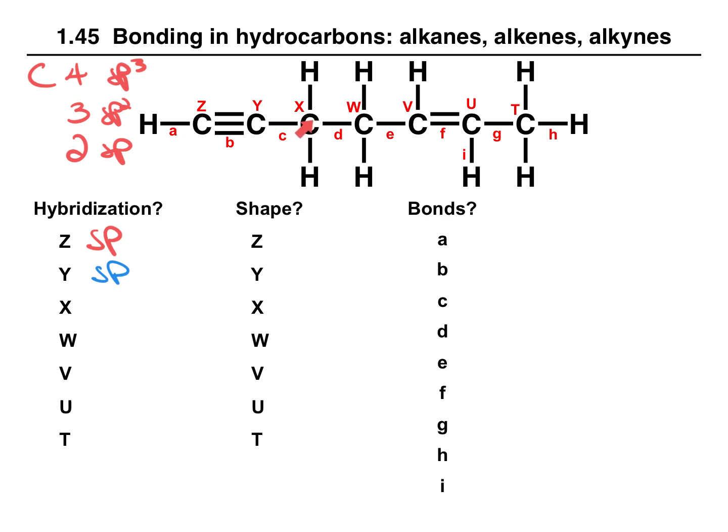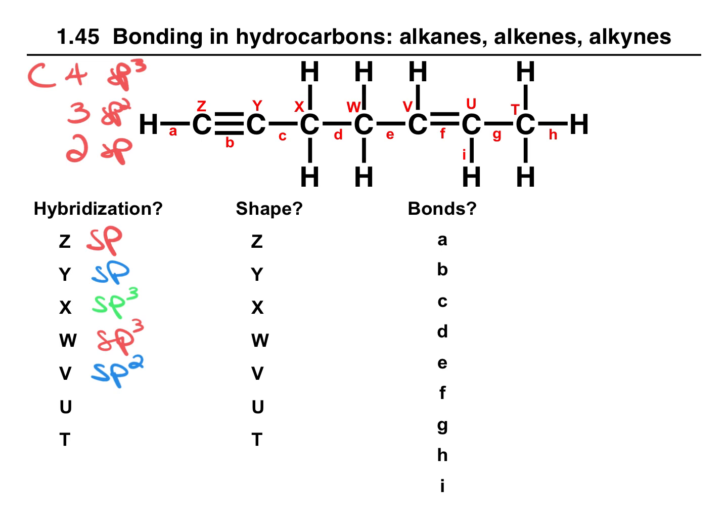Looking at X, this carbon is connected to 1, 2, 3, 4 groups, so it must be sp3 hybridized. W is also connected to 4 groups, so W is also sp3 hybridized. V, this carbon is connected to 1, 2, 3 groups, so it must be sp2 hybridized.